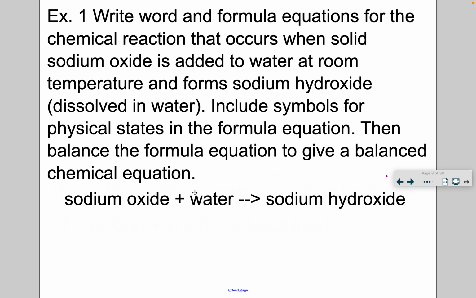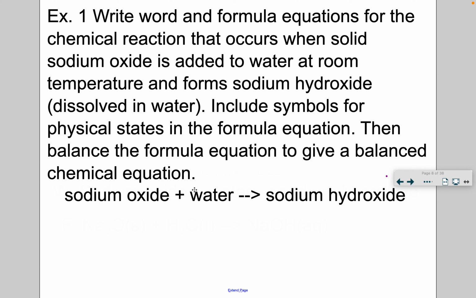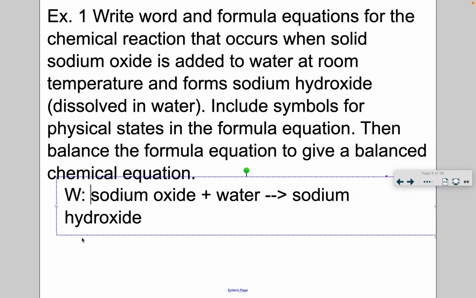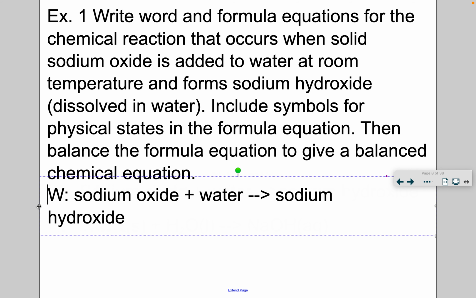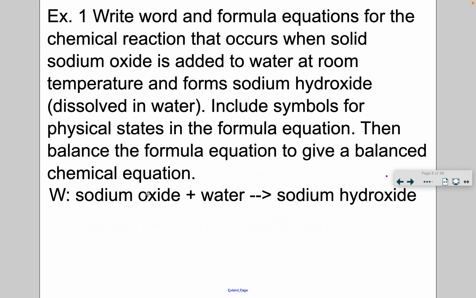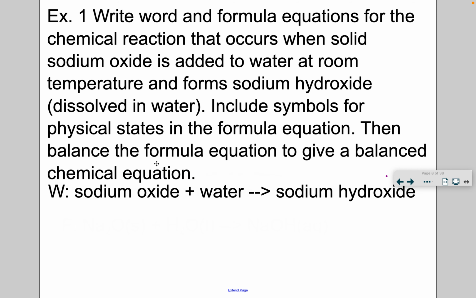So that would be like my word equation. And I'm just going to put a big W here to represent word. So on your homework, that's what I'm looking for if it says, hey, write a word equation. Okay. Now we're going to write the formula equation.